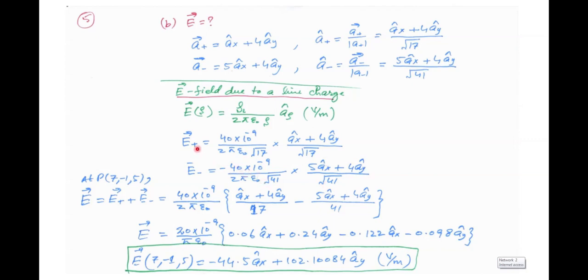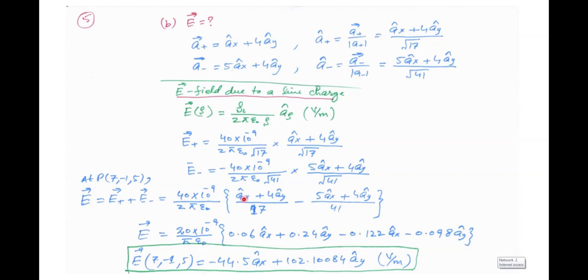Now by virtue of linearity, we can sum up these two fields due to both line charges, that is the positive line charge and the image charge, which is equal to 40 into 10 power minus 9 divided by 2 pi epsilon naught.